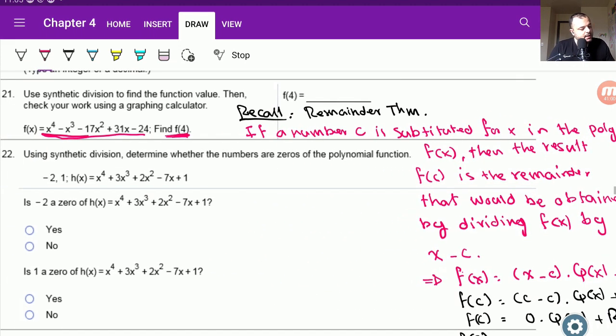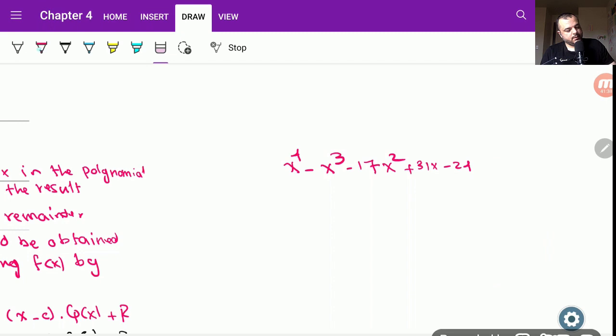So what is the dividend? This one, divided by x minus 4, because C equals 4. We change the sign, x minus 4.